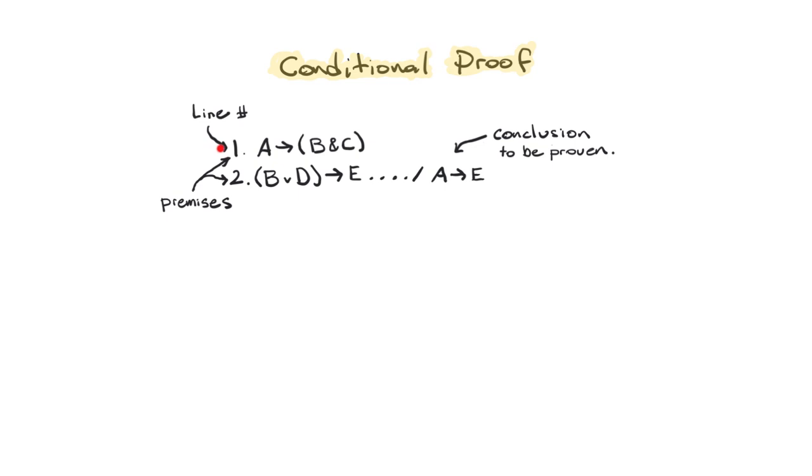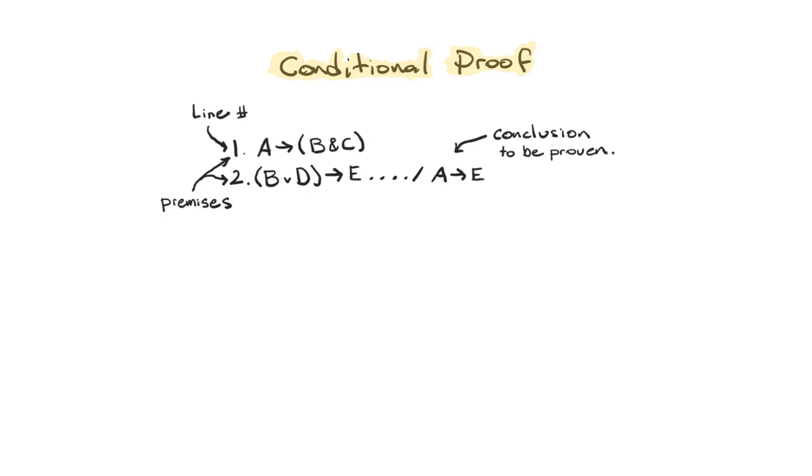We've got lines 1 and 2. Both of these are premises. So these are the statements that we're going to work with to do a series of derivations using our rules of inference, rules of replacement, rules of equivalency to derive and eventually prove the conclusion.